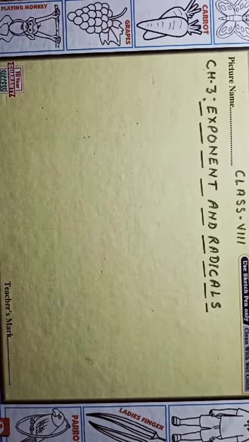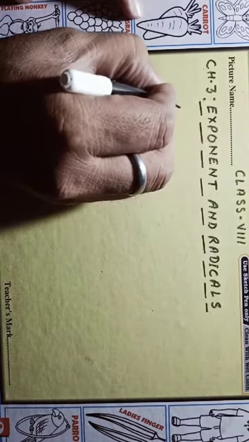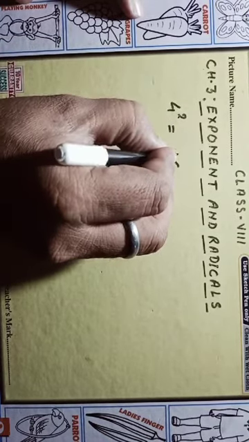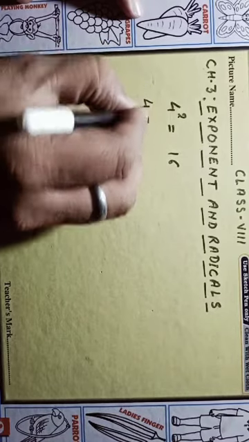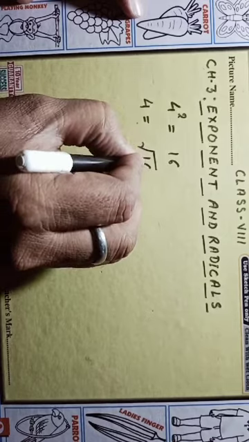Good morning, students. Today we will start a new chapter, chapter 3, exponents and radicals. Now first we see some examples. We know that 4 squared is equal to 16. Now the value of 4 is equal to under root 16.